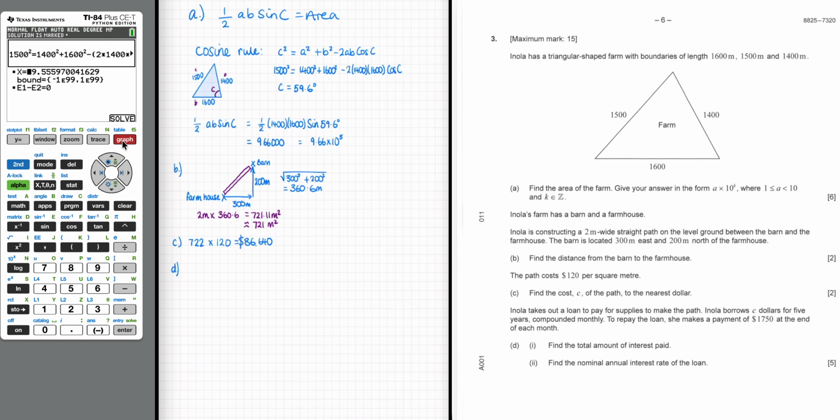we're taking out a loan, and then we need to repay that loan. If my loan is 1,750 at the end of each month, for 5 years, but I'm doing it monthly, the length of time is 5 times 12, which is 60.